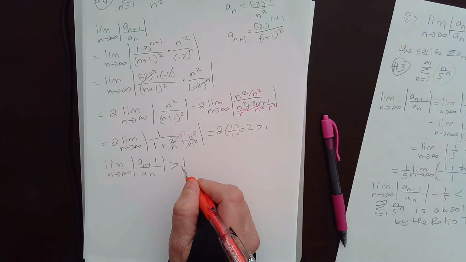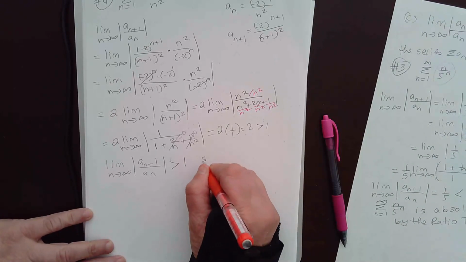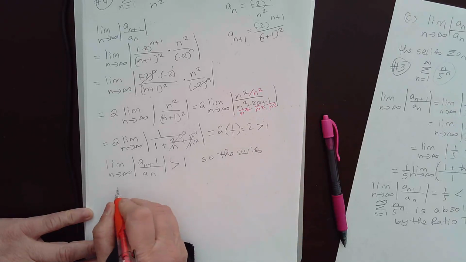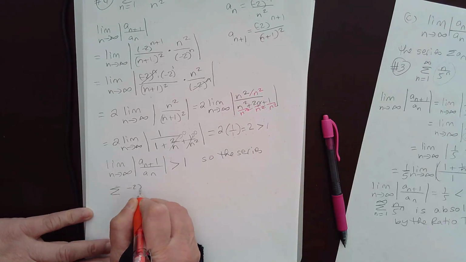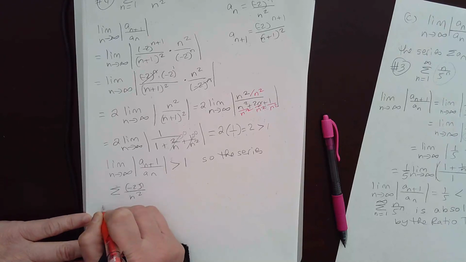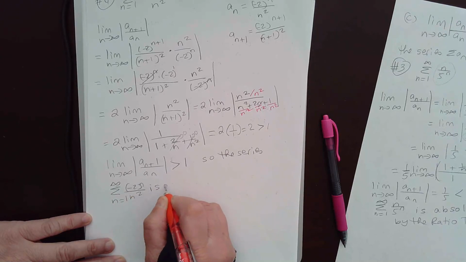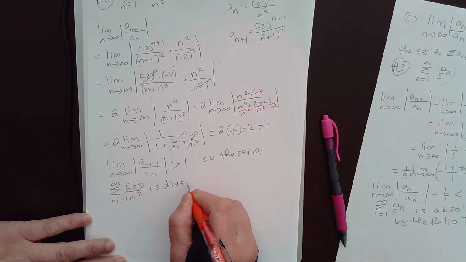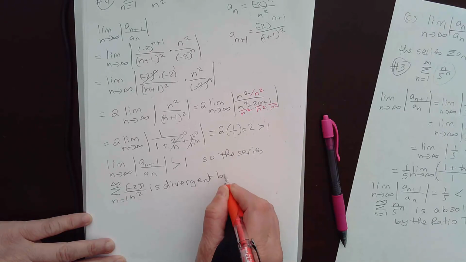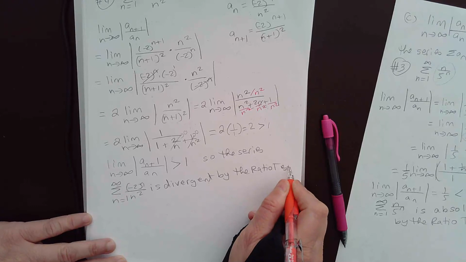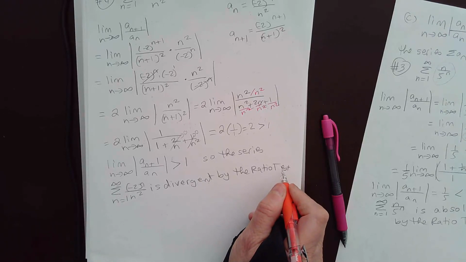So the series is divergent. It's divergent by the ratio test. Okay, so this is number 4.